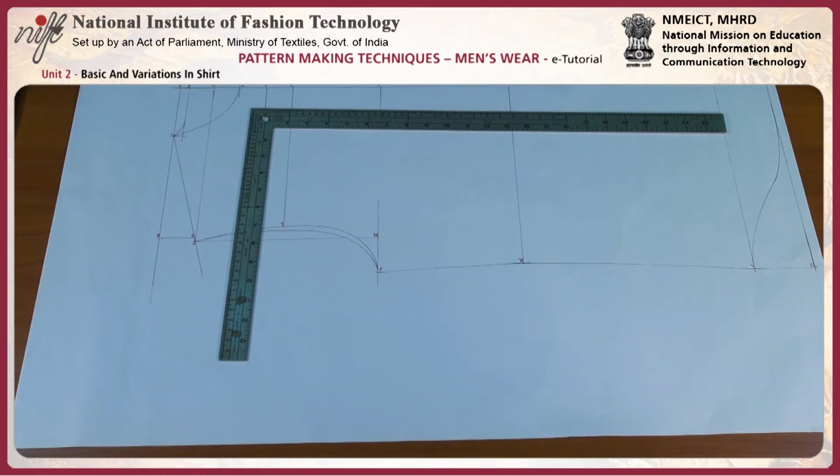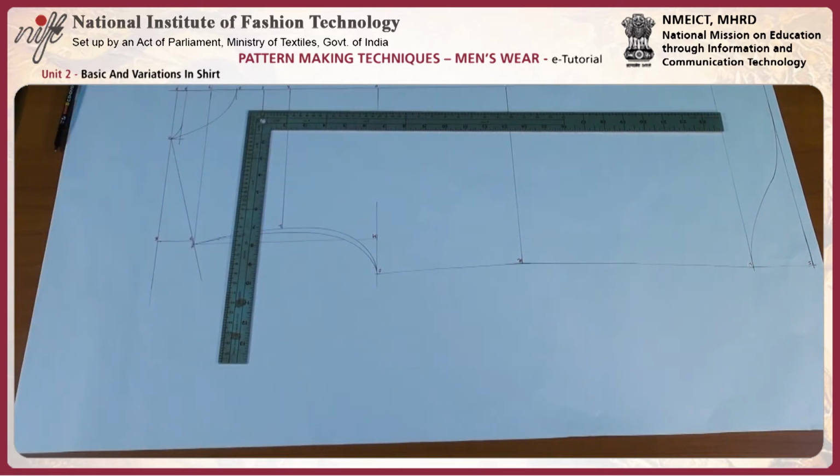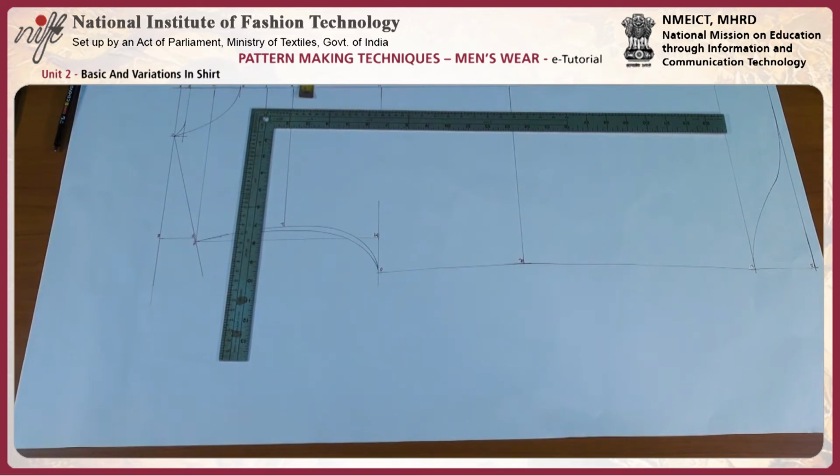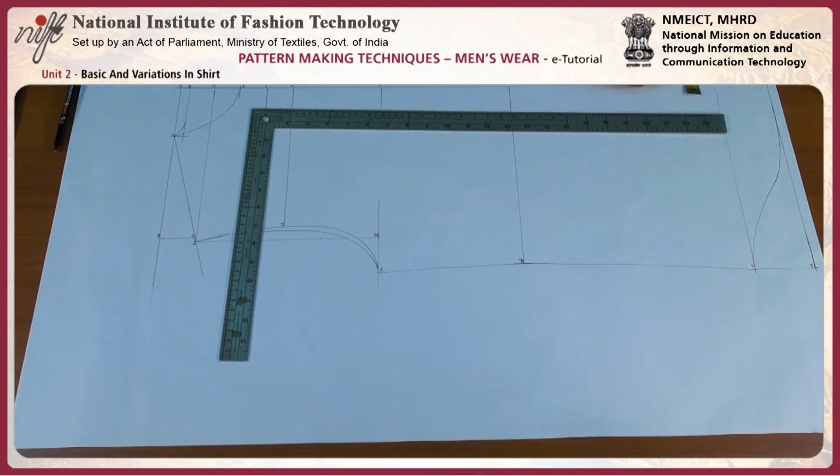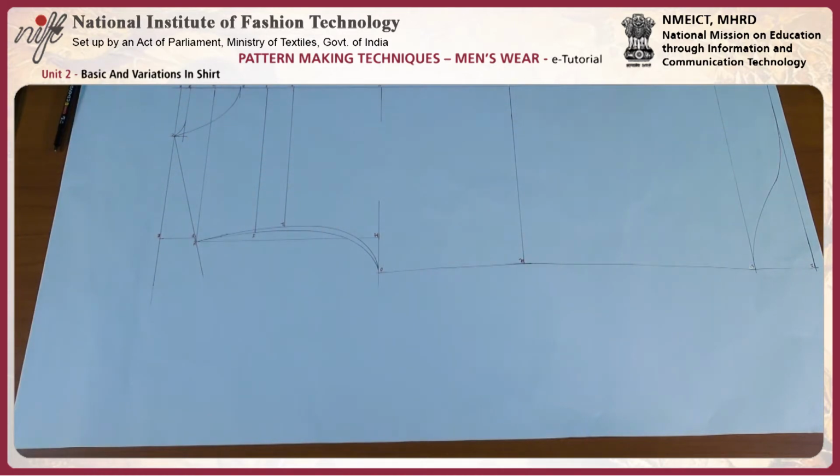Measure 1.5 centimeter, 1.5 centimeter extension, which is half of center front placket width. It can also be 2 centimeter if it is required.